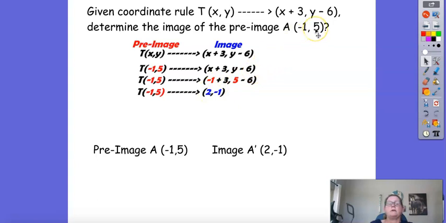And the 5 here, you're going to put that in for y, and you get 5 minus 6 is -1. So you have just moved that point, or the pre-image, from (-1, 5), and now it just got moved over to (2, -1). And like I said, when we talk about geometry, we're moving things, how we move shapes and objects. And this is one way of being able to do that.